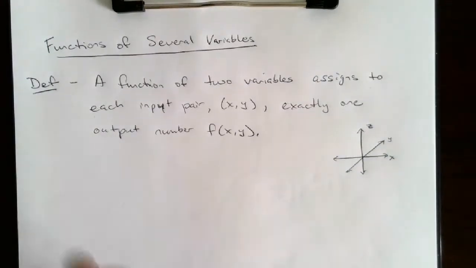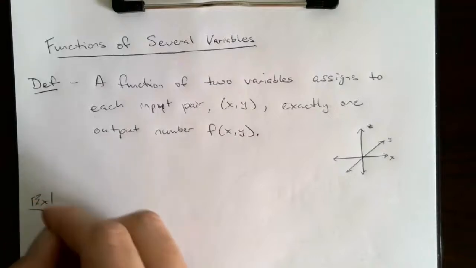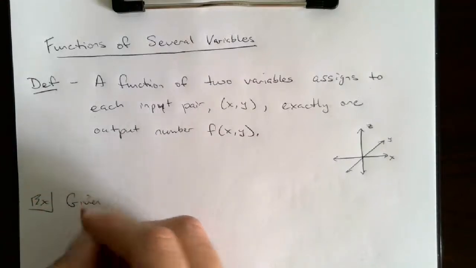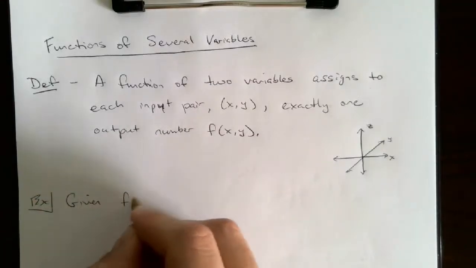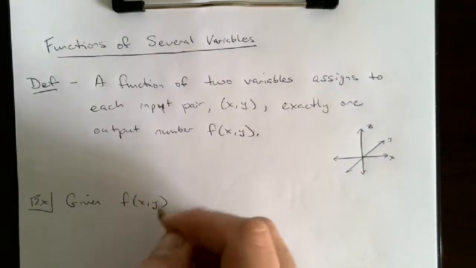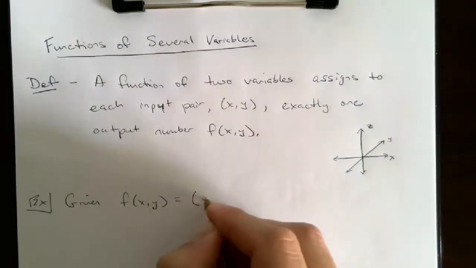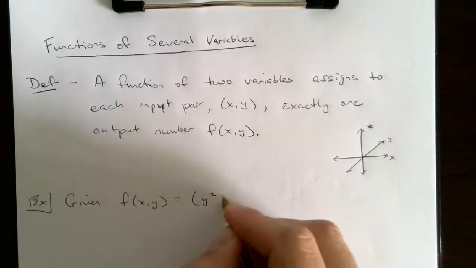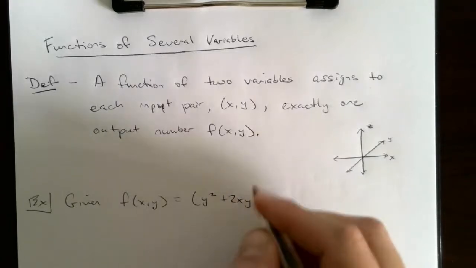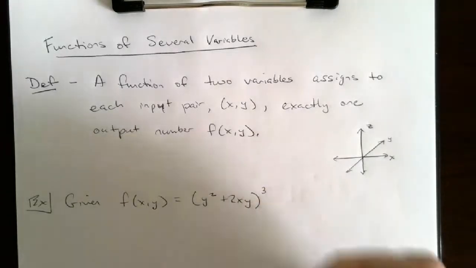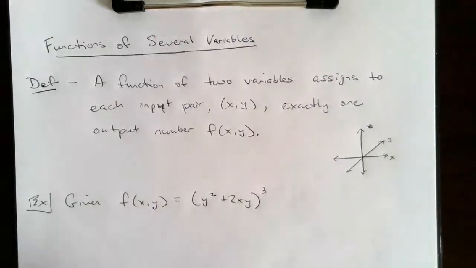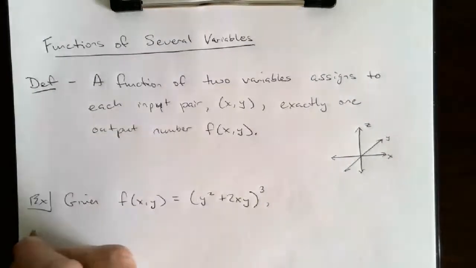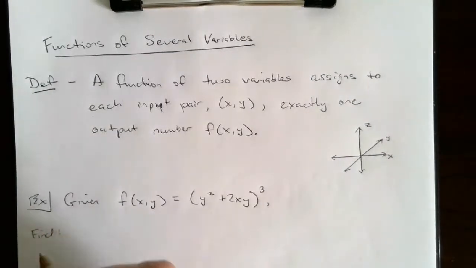For an example here, let's just do a couple. If I said given f of x comma y equals y squared plus 2xy raised to the 3rd power, find the following.